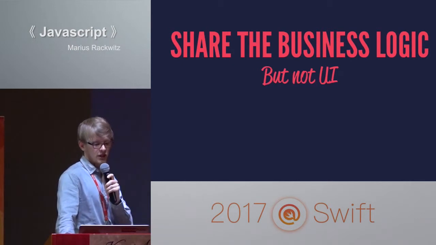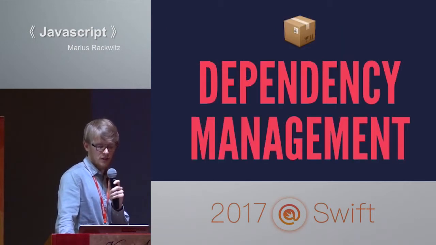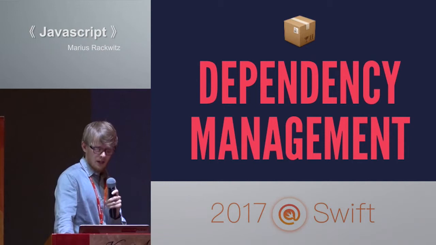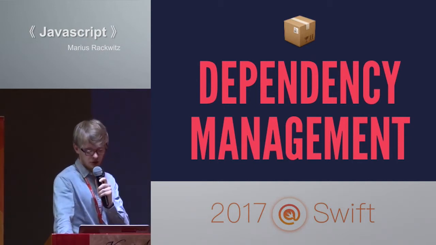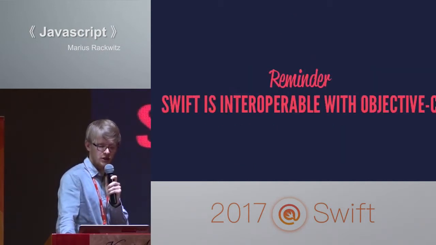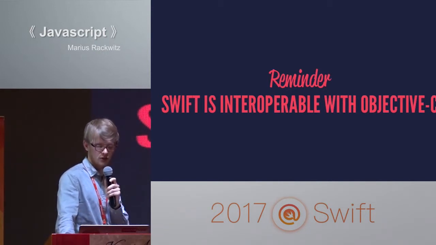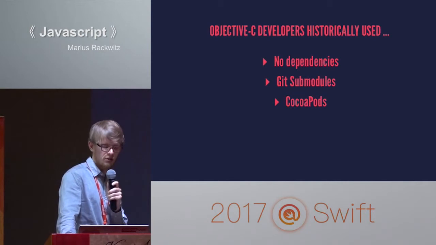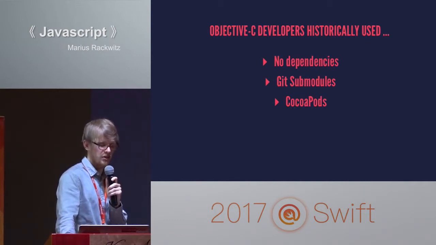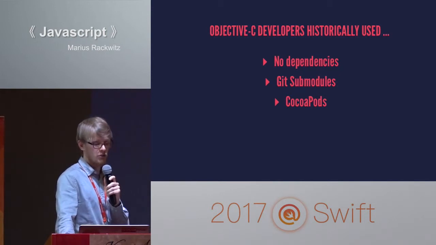Skipping from platforms to dependency management, I want to make a quick reminder when comparing to Swift. This is interoperable with Objective-C, and we have to look back into the history. Objective-C developers historically used either no dependencies and didn't want to use dependencies at all, used Git submodules, or CocoaPods.